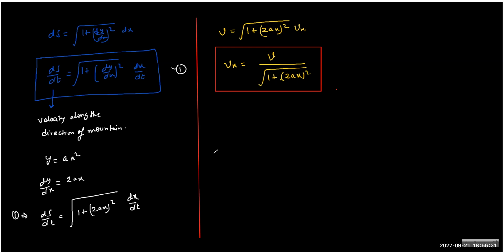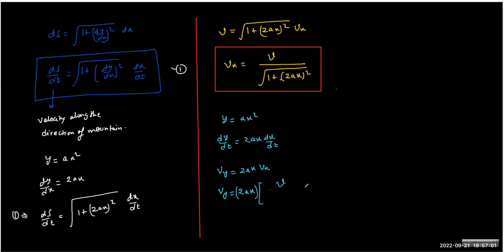So we can write vx like this. If you want to write vy, let's say somehow one fine day you want to write vy, it is again not difficult, because if we differentiate this function, we can write dy by dt equals 2ax into dx by dt. So vy is basically equal to 2ax into vx. And how much is vx, guys?